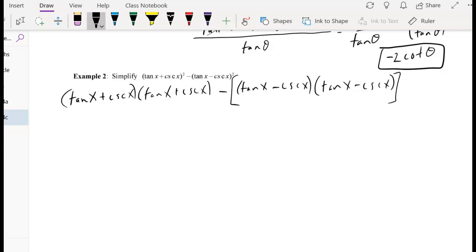Okay, so we're going to multiply that whole mess out, and so in the first one we have tangent of x times tangent of x, which is tangent squared of x. We have a plus, the outer is the cosecant times the tangent, and the inner is the same thing, so there's two of them, so 2 tan x cosecant of x, and then the last thing would be the cosecant squared of x.